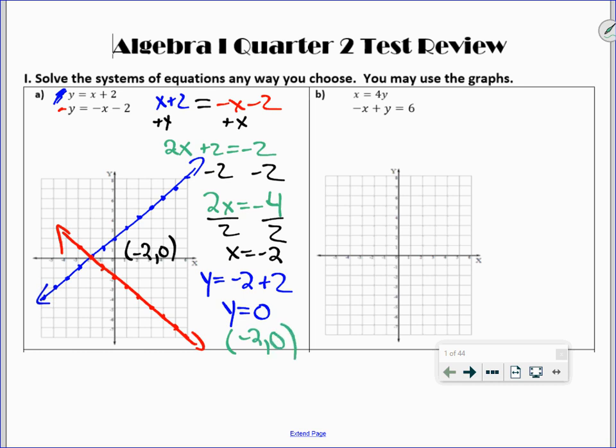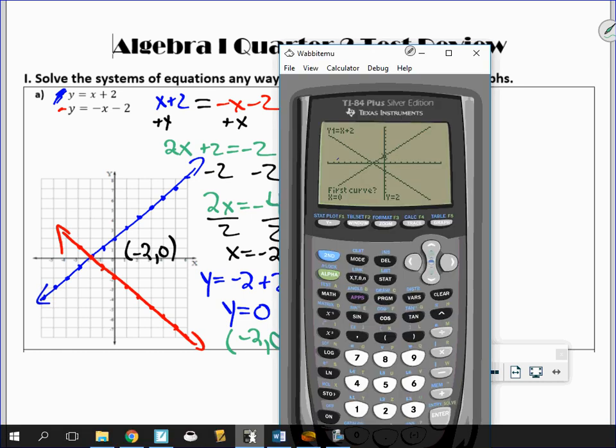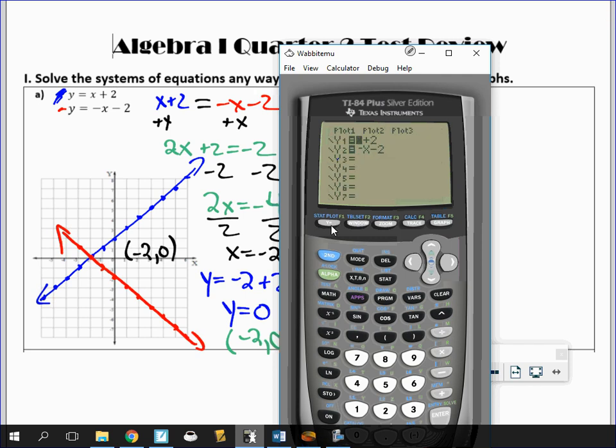You can even do this on the calculator, and if you haven't seen this, you may want to ask your teacher, and I'm just going to do it real quick. A couple different ways you could attack this. Maybe if I can get the calculator to come up. You put both equations into the calculator and you graph them.